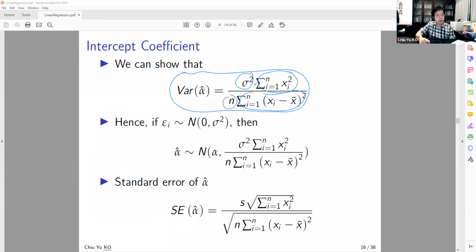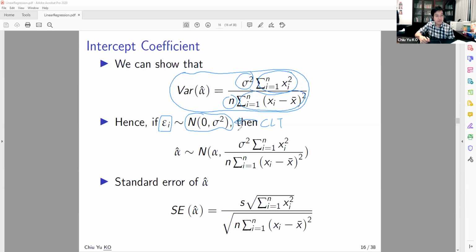It looks all very complicated. It turns out if we assume the error is normal, and this is usually fine under the central limit theorem, that's not a big deal.